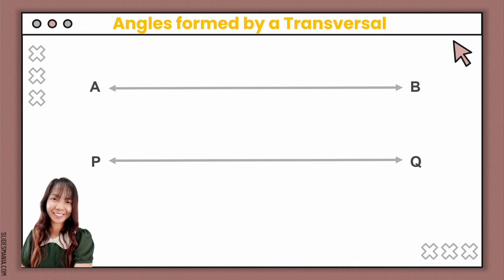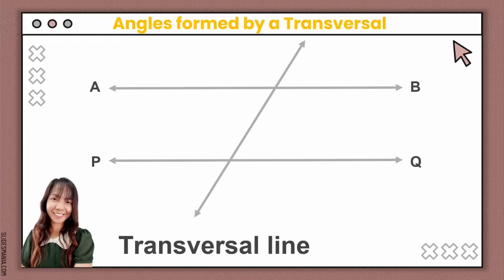Okay, next. There's another line that crosses the parallel lines. It is called a transversal line. Again, a line that crosses the parallel lines like this is called a transversal line.